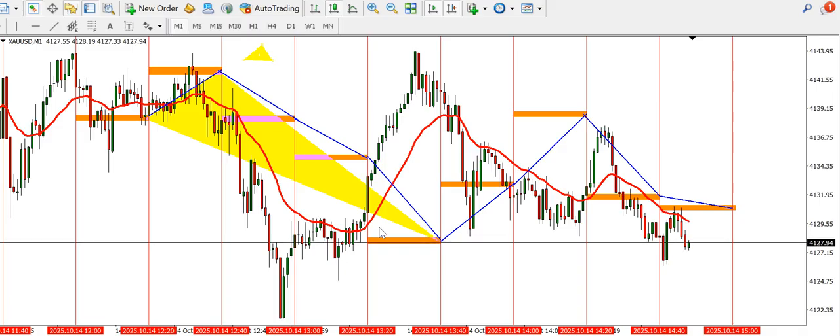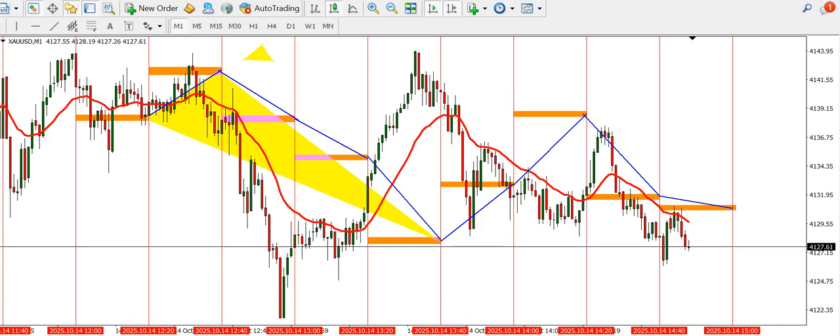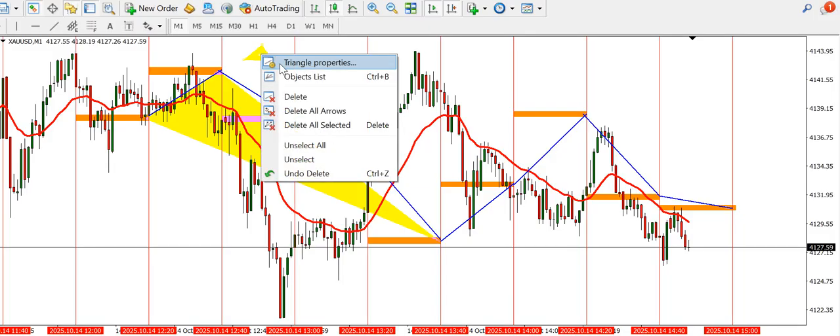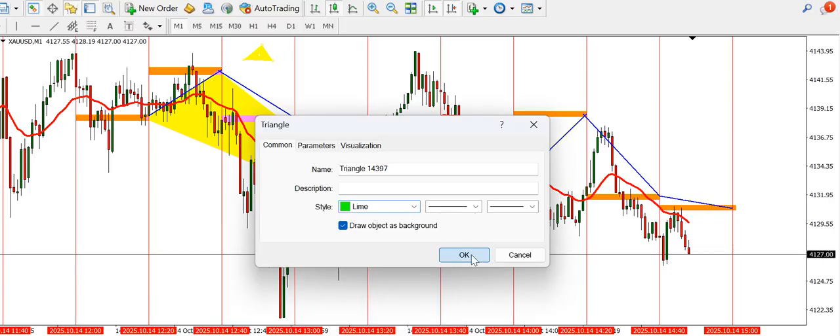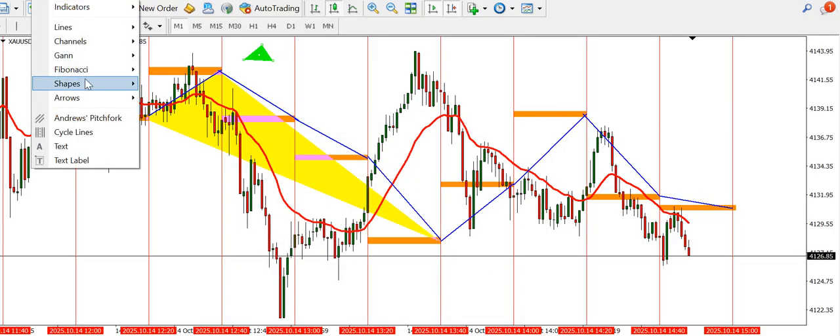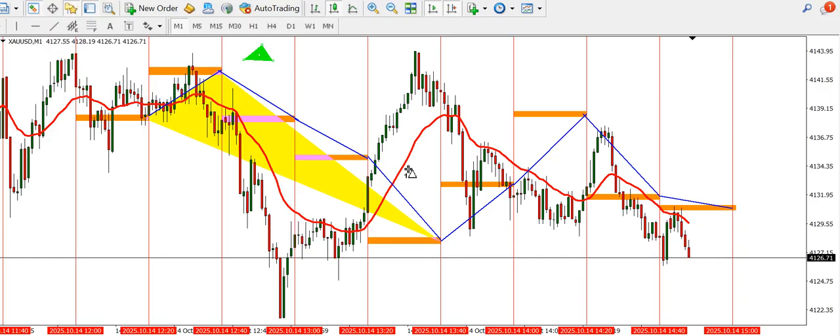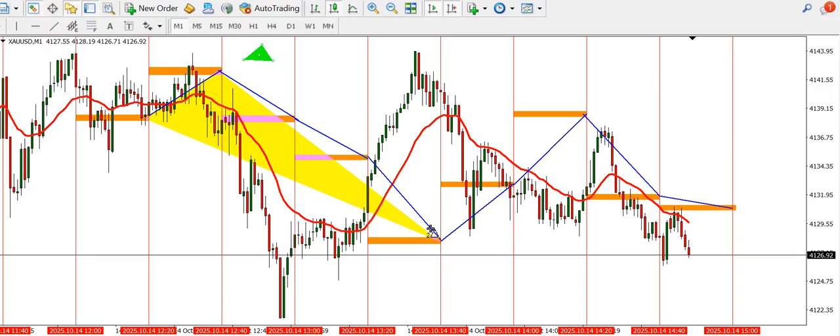Okay, now from here to here, we have a rise up to this point. So I'm going to change the shape to line, to represent bullish price move, bullish price forecast.